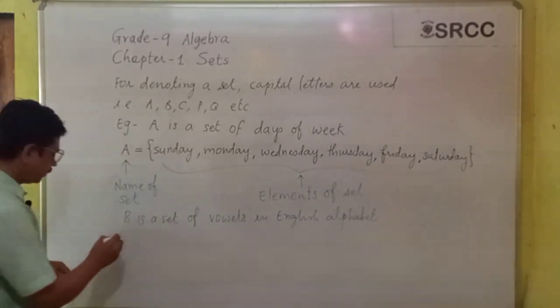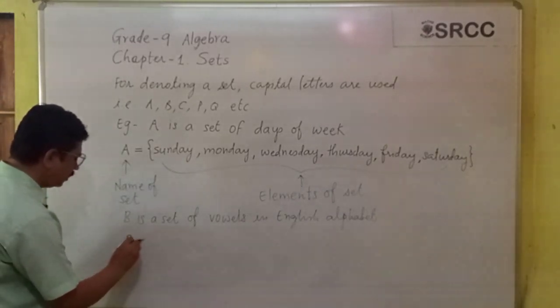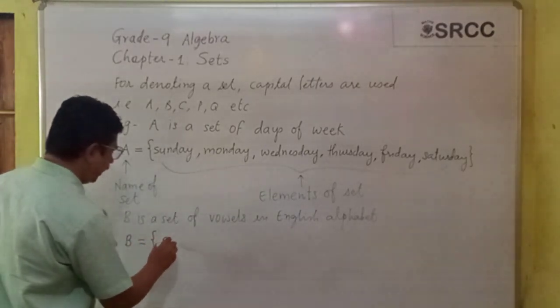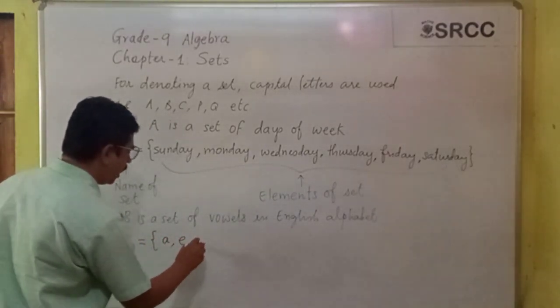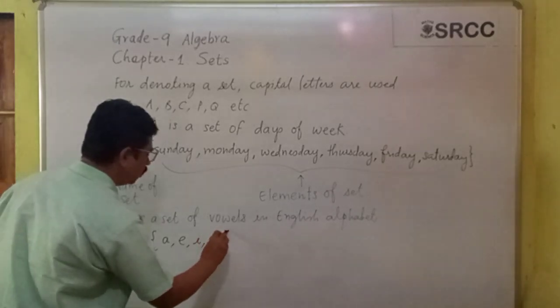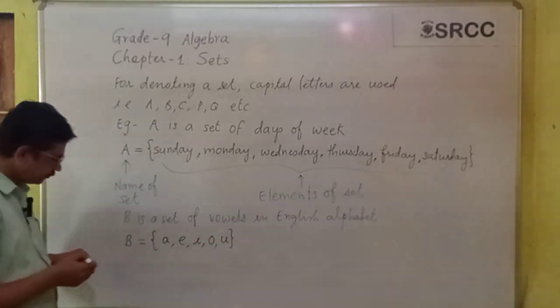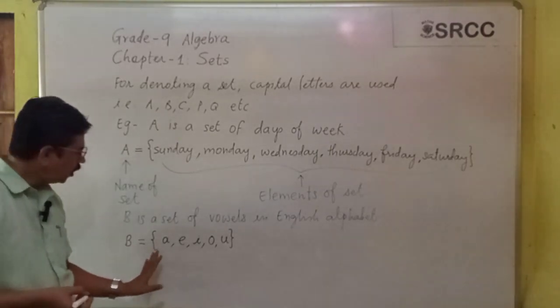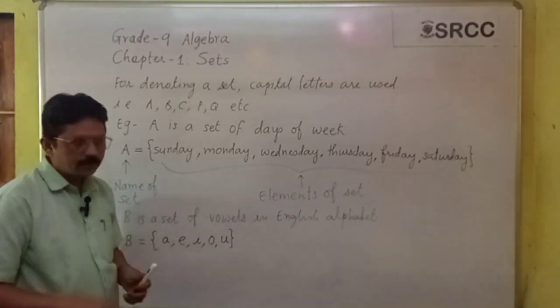We all know that the vowels in English alphabet are A, E, I, O, U. And in this way, we write B, which is a set of all the vowels in English alphabet.